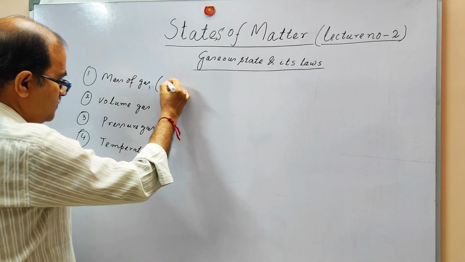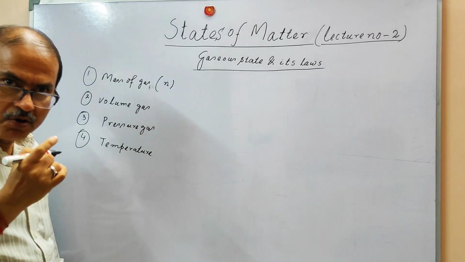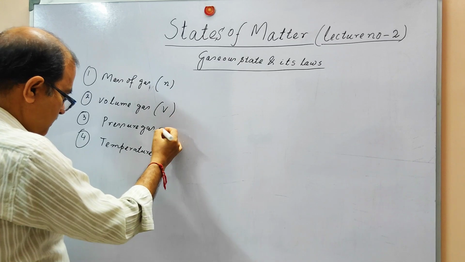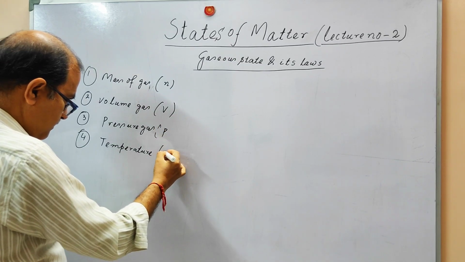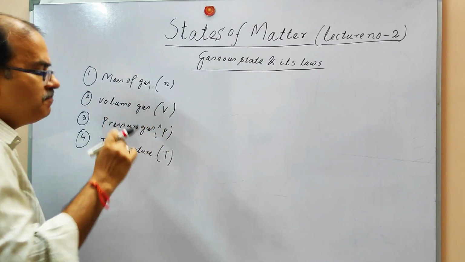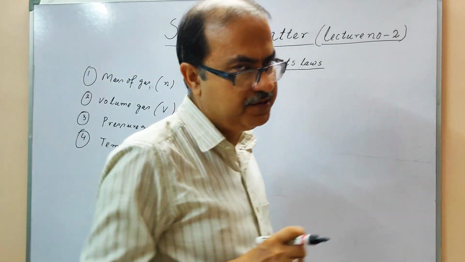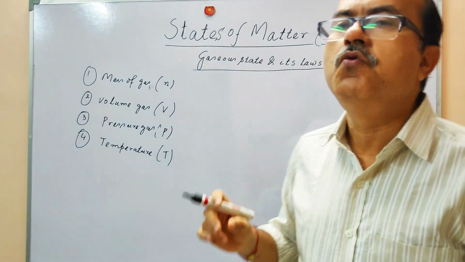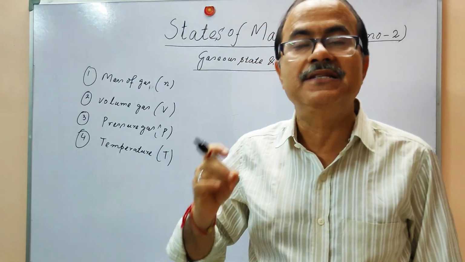The mass of the gas is denoted by n, the number of moles. Volume is V, pressure is P, and temperature is T. These are four very important measurable parameters, and the interrelationship of these four parameters gives us the gaseous laws.